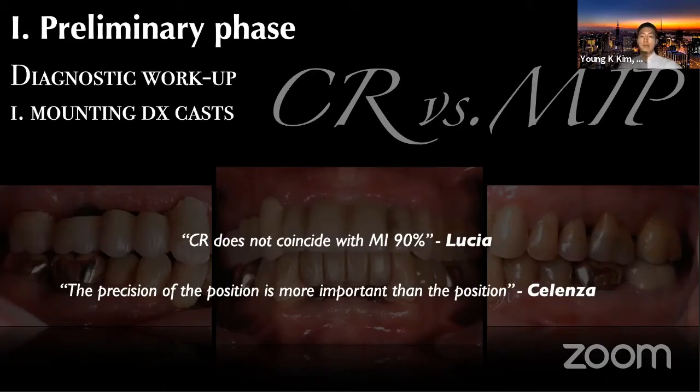So if we're rehabilitating a single unit or 1 or 2 crowns, and the patient has MIP surface contact, I would hand articulate and rehabilitate as it is.